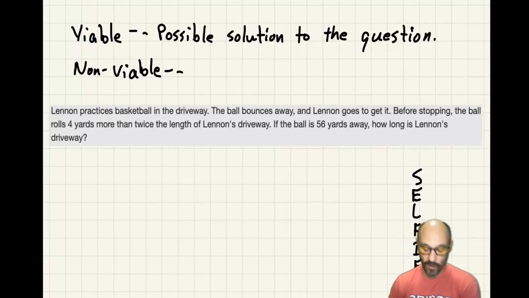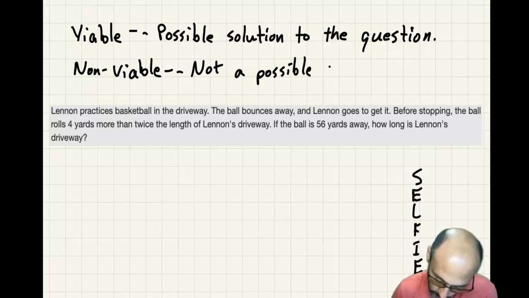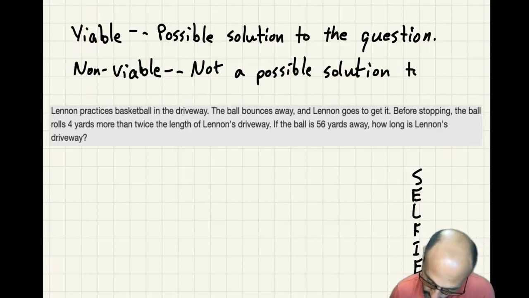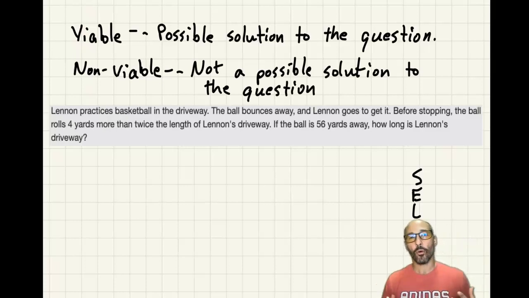It would be non-viable because it's not a possible solution to the question, because we can't have a negative length. So viable solutions are possible solutions.